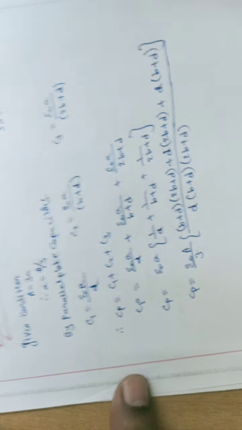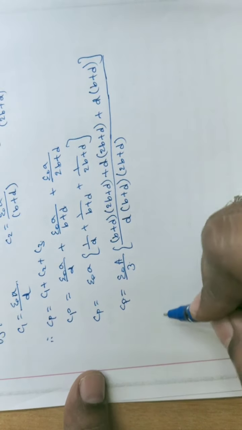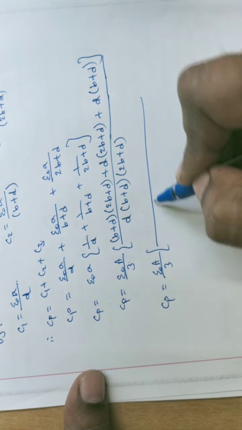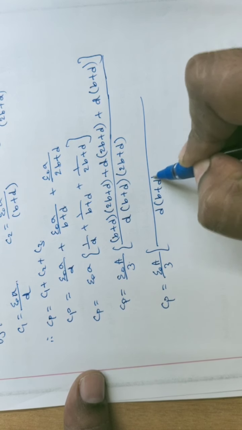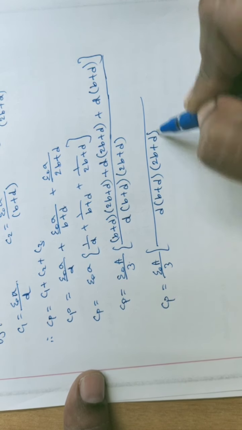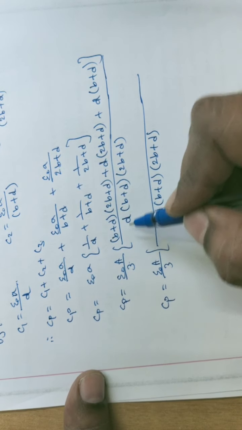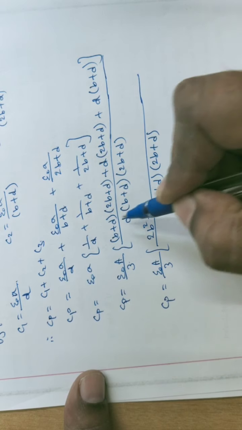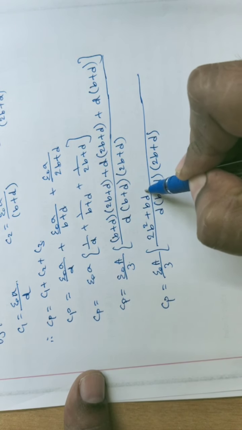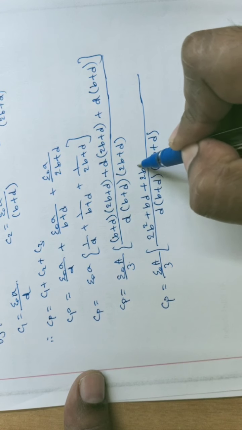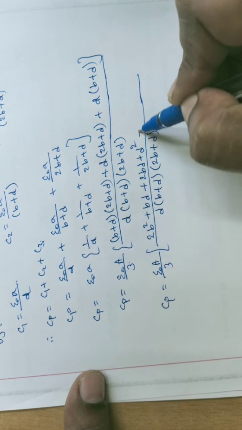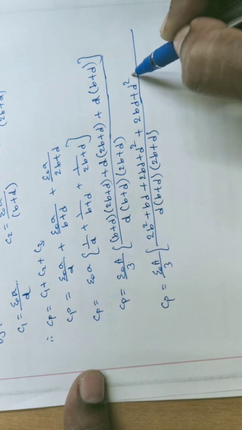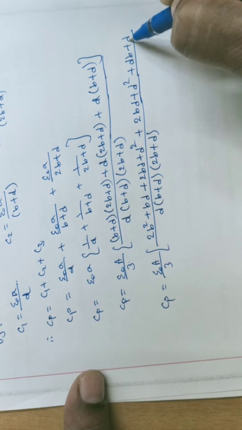One more step: Cp is equal to epsilon naught A by 3 into, in the denominator, the LCM D into (B plus D) into (2B plus D). On expanding, we get 2B square plus BD plus 2BD plus D square, plus 2BD plus D square plus DB plus D square.